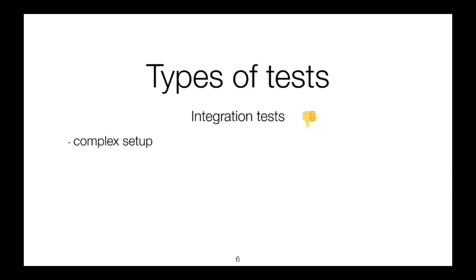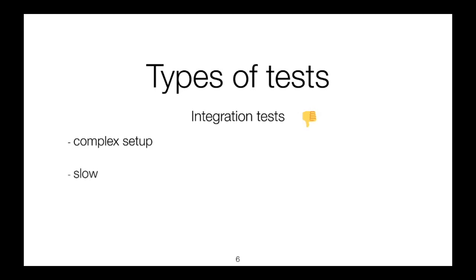So more often than not, most of the time of writing such tests actually goes into the setup, and then into understanding what's going on there when something goes wrong. So the complex setup is definitely a downside.